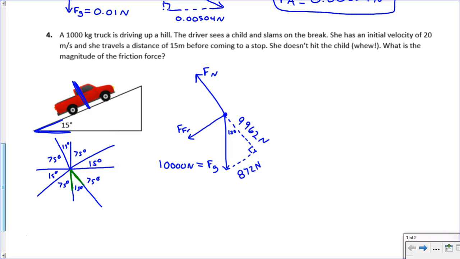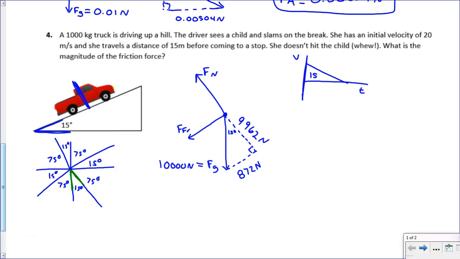So before we work any more on this force diagram, what I'm actually going to do is do the motion analysis on it. So we've got a velocity versus time graph here. And on this, we know it starts out at 20 meters per second and it's coming to a stop. All right. We know it traveled a distance of 15 meters, so this area here is 15.